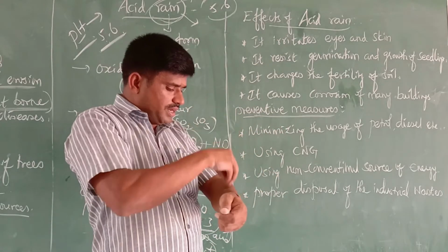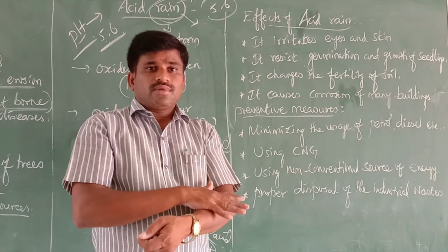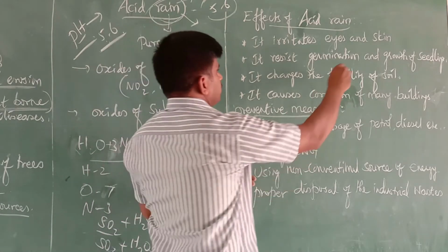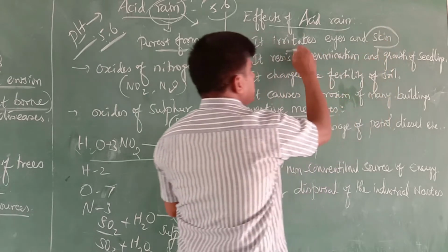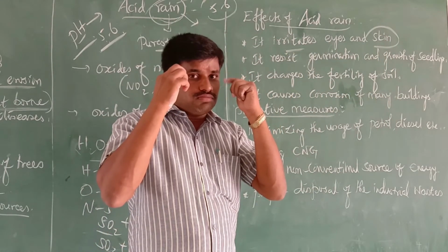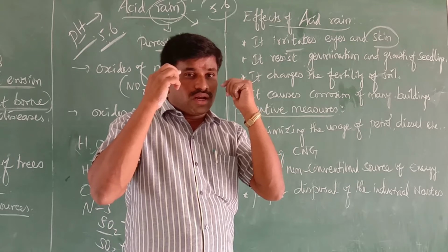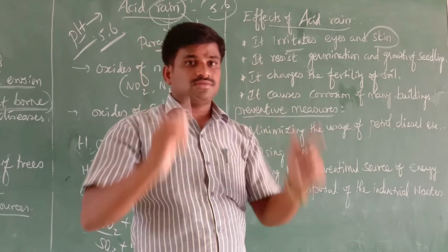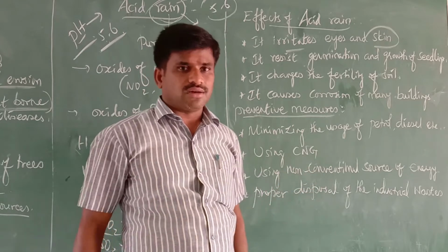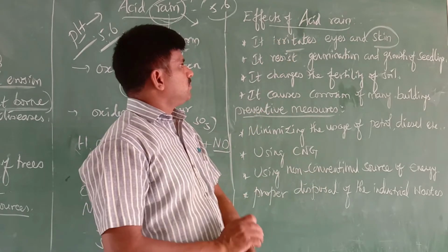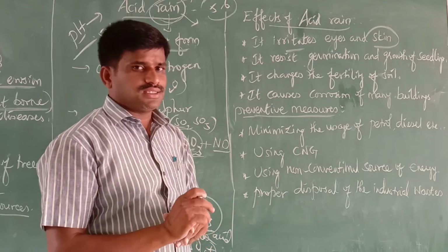When the rain touches our skin, our skin will become irritated. The eyes also become irritated, not in a normal condition, and a type of pain starts. That is the first and main effect: it irritates the eyes and the skin.